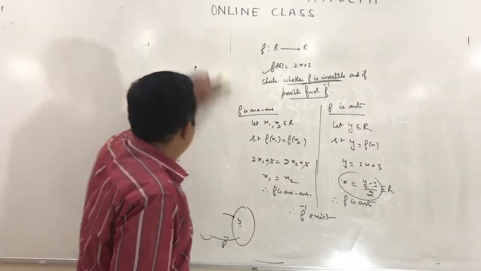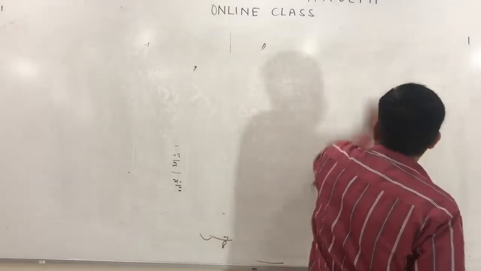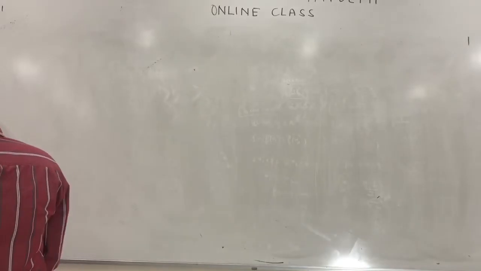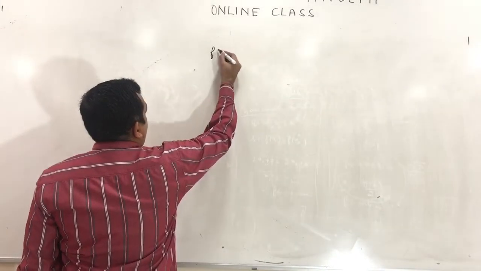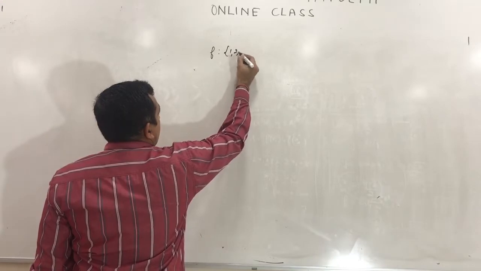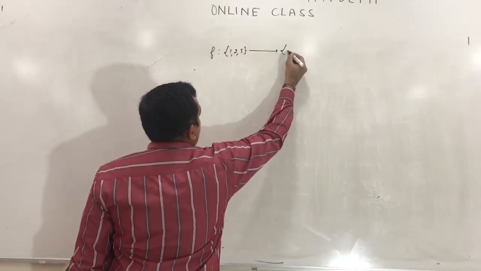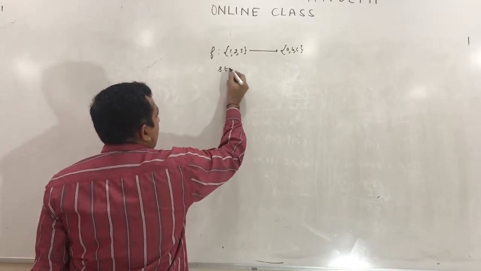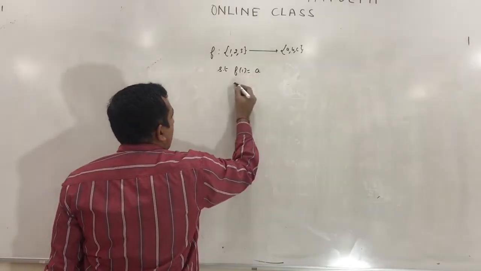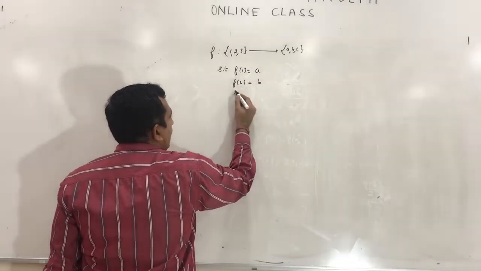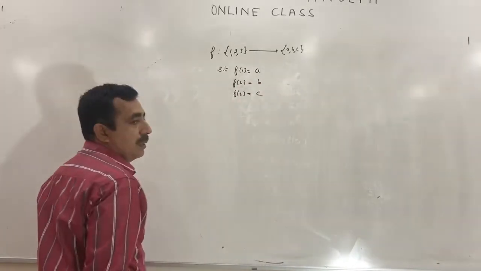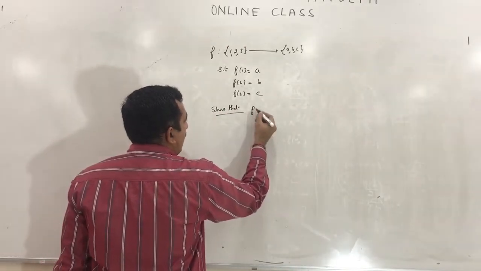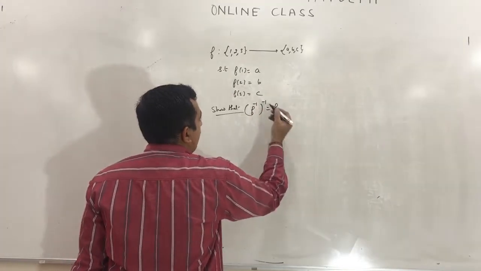See one example more. Suppose f is a function from {1, 2, 3} to {A, B, C}, and it is given f(1) is A, f(2) is B, f(3) is C. And the question is, show that (f inverse) inverse is f.